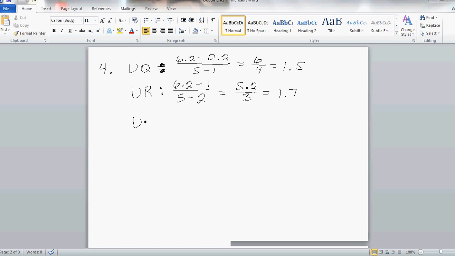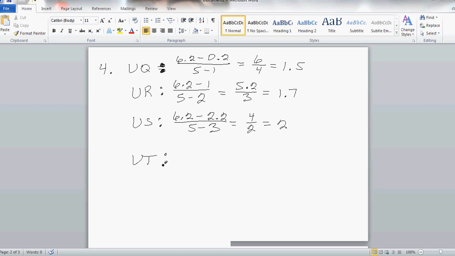So now we go to US. It's still going to be 6.2 minus, it looks like 2.2 to me. And that will be 5 minus 3, putting in the new x values. So this would be 4 over 2, or 2. Now we see 1.5, then up to 1.7, then up to 2. It appears to be getting a little bit steeper as we go along.